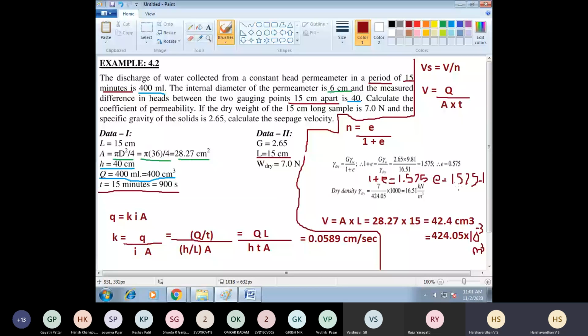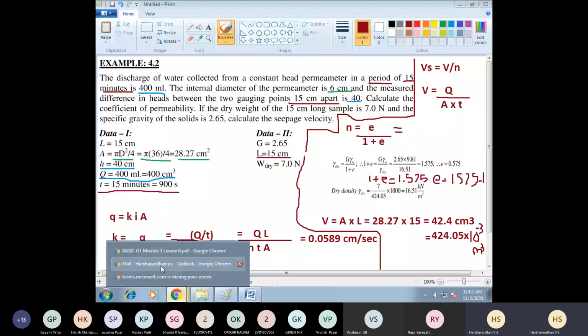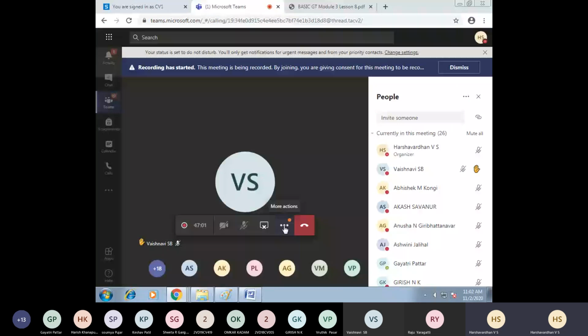So n will be equal to, please substitute the value of n. e is equal to 0.575.